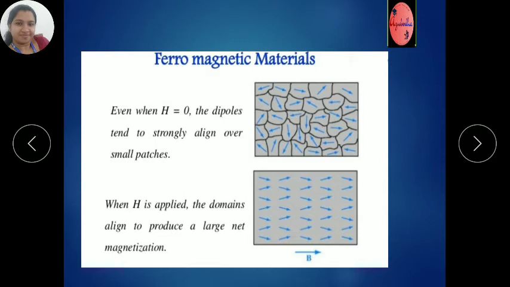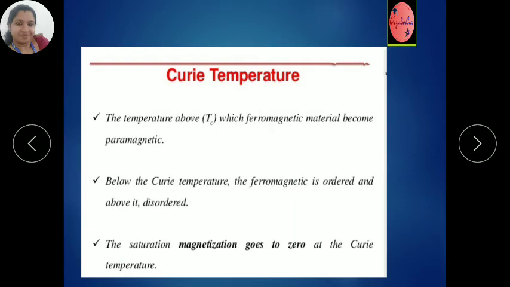So in ferromagnetic material, even when H is equal to 0, the dipoles tend to strongly align over small particles. That is the diagram. When H is applied, the domains align to produce a large net magnetization. Large amount of induced magnetic field is there. Then Curie's temperature. Curie's temperature is the particular temperature at which a ferromagnetic material becomes paramagnetic.